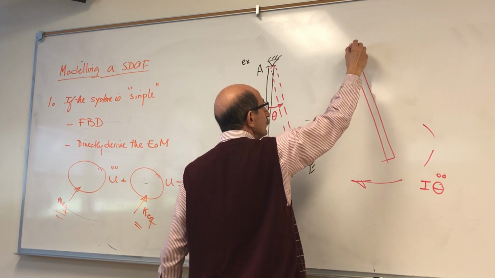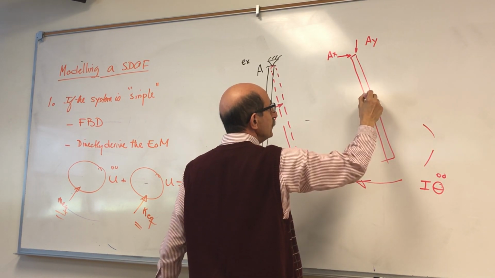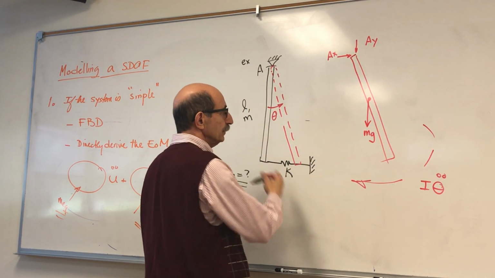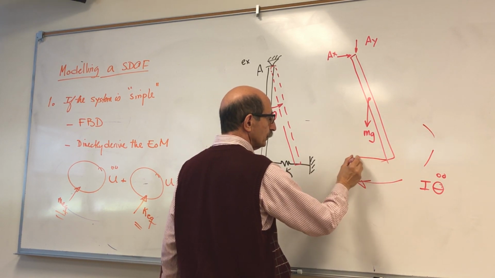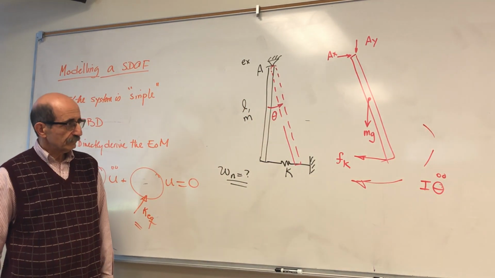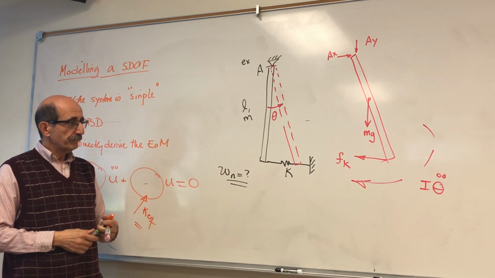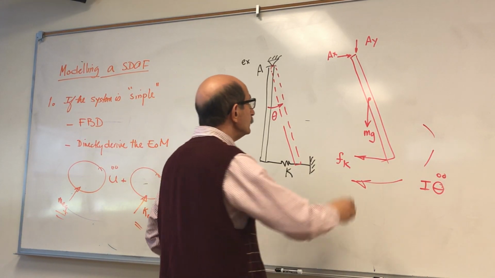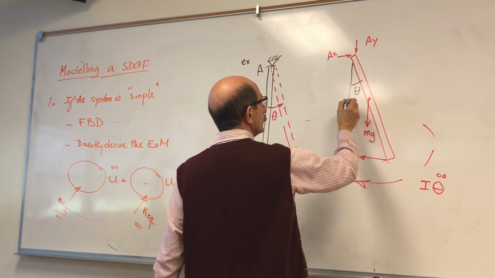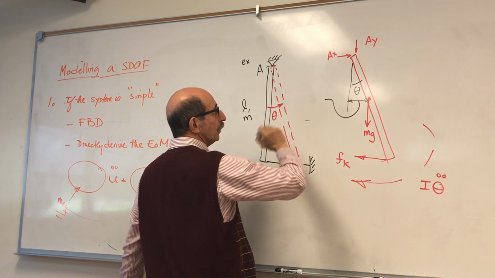So you have these 2 forces at this point of connection. You have the weight, mg, and it's moving that way, so the spring is stretched, and it generates a force that is acting in that direction, right? You have all these quantities. This is theta, okay? So this distance would be what?